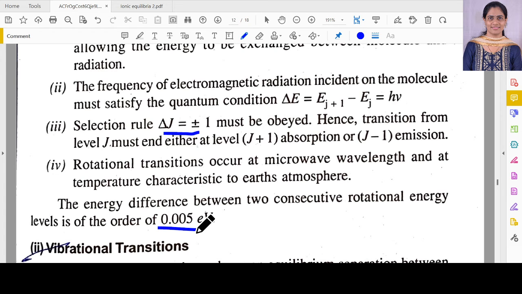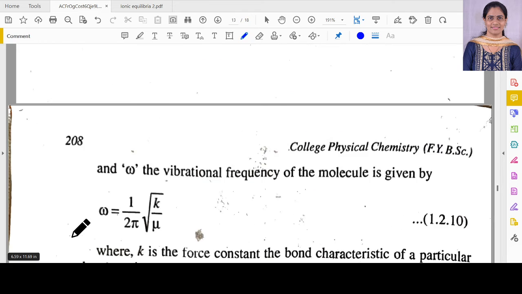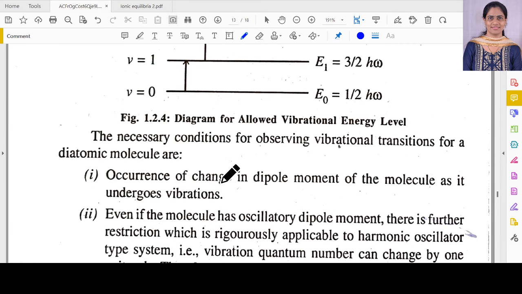Then higher energy transitions than rotational are vibrational ones. For that, the condition is the molecule must possess a change in dipole moment, so polarizability is there. If initially it does not have any dipole moment, when you place it in IR light it should change dipole moment. CO2 is the best example for this.